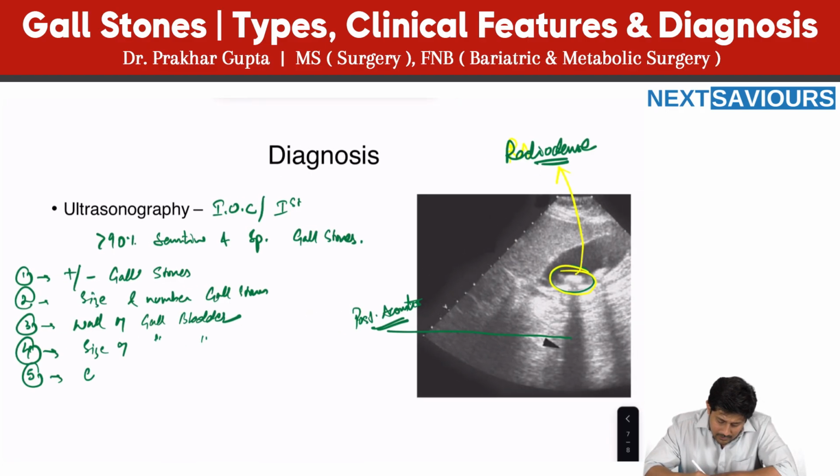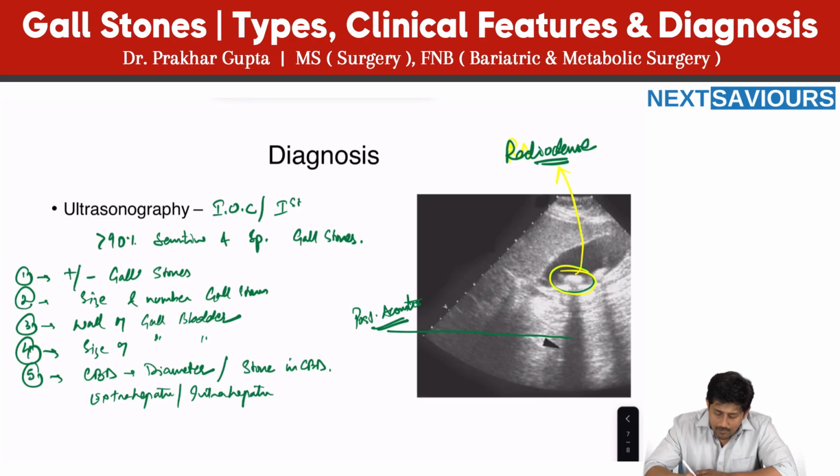Then we have to see the diameter of the CBD, whether there is any dilatation of the CBD or not, whether there is any stone or calculi in the CBD, or any extrahepatic or intrahepatic biliary radical dilatation.